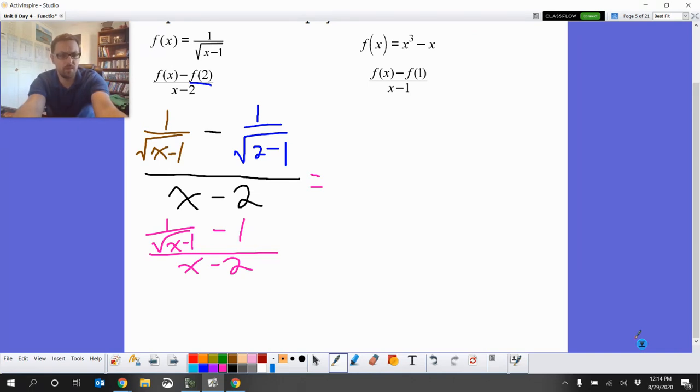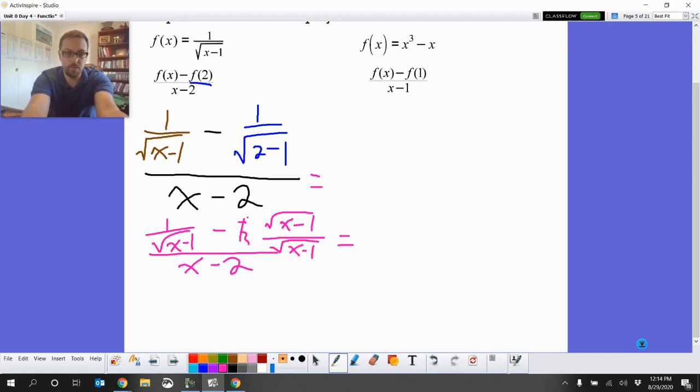What I think I actually want to do is with that numerator, I want to put those together. Yeah, that's what I'm going to do. So I'm going to convert that 1. Instead of this 1, I'm going to make it a square root of x minus 1 over a square root of x minus 1. See why in a sec.